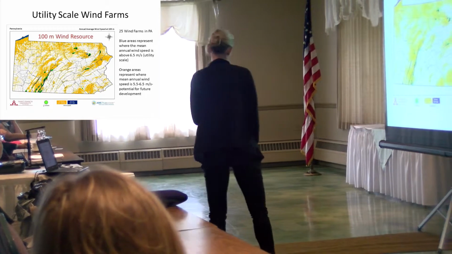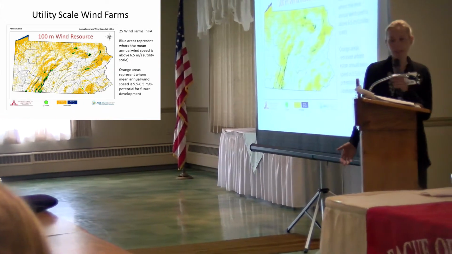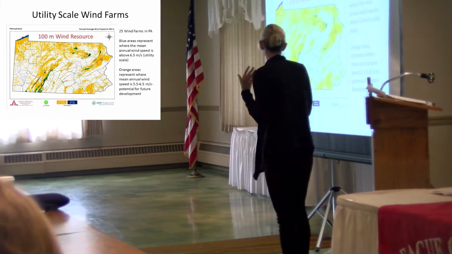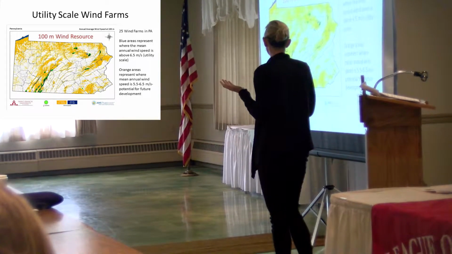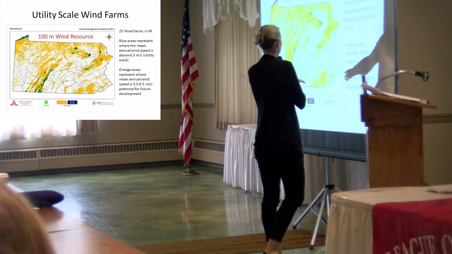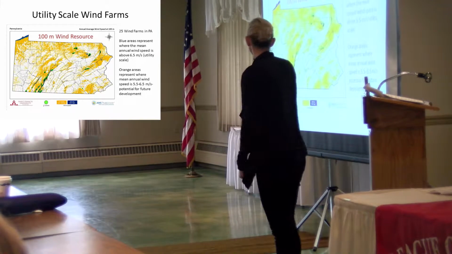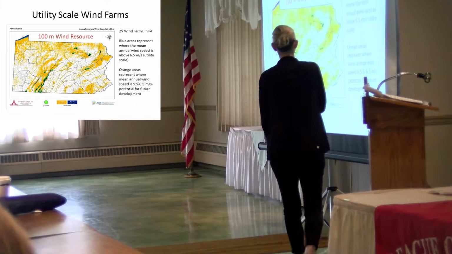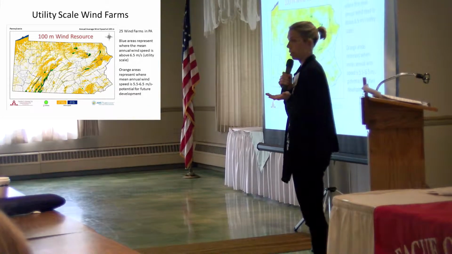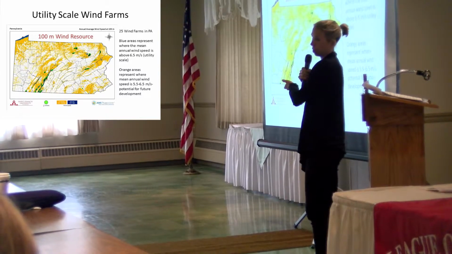So I'm going to start talking about our static wind maps. This is an example of a statewide static wind map that we have. It shows where the annual wind speed is above 6.5 meters per second in the blue, and that represents areas that are developable for utility scale wind turbines. The areas that have those green marks are where there are already utility scale wind turbines, so you can see that they very much follow that awesome wind resource.